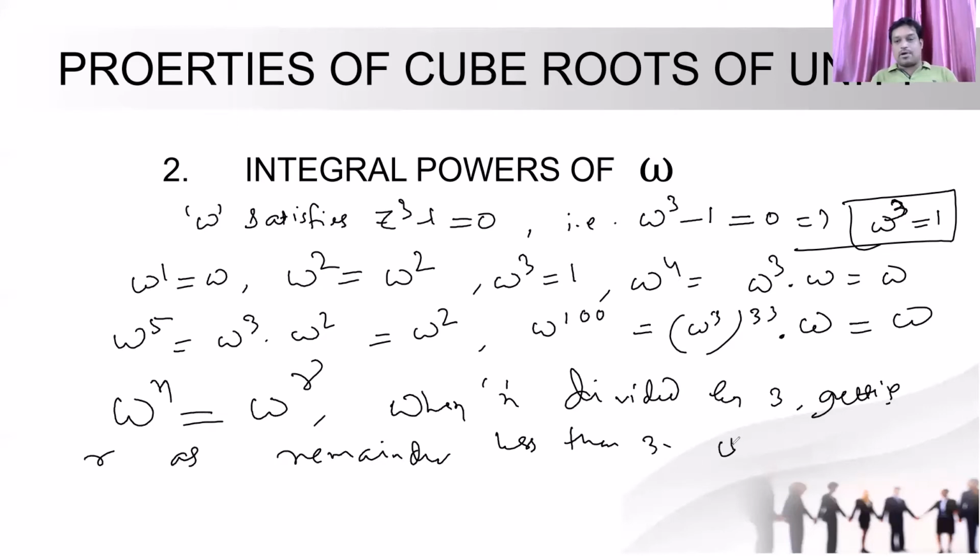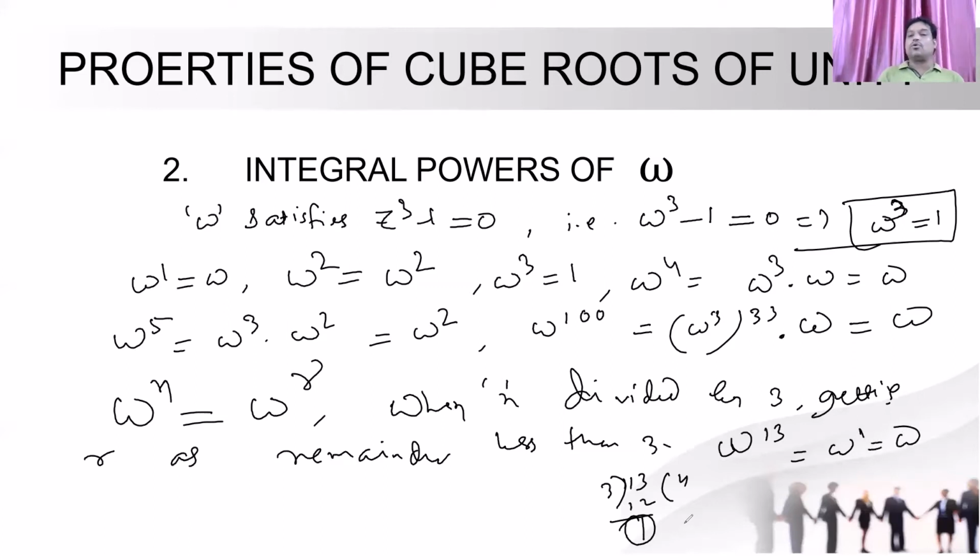Suppose omega to the power 13. If I divide 13 by 3, 13 minus 12, I get 1. So 1 is the remainder, and this value will be omega to the power 1. That means omega. So omega to the 13 will be omega.